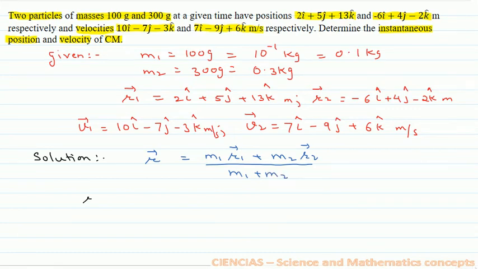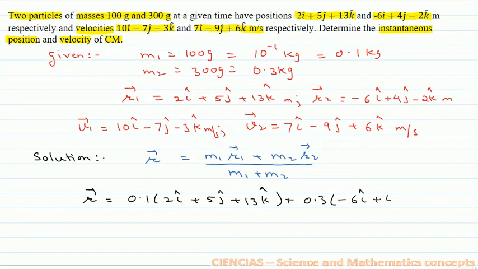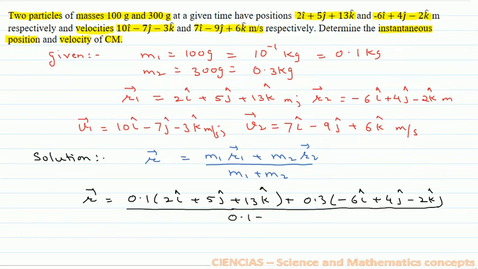So r is equal to 0.1 into (2i cap plus 5j cap plus 13k cap) plus 0.3 into (minus 6i cap plus 4j cap minus 2k cap), whole divided by 0.1 plus 0.3.